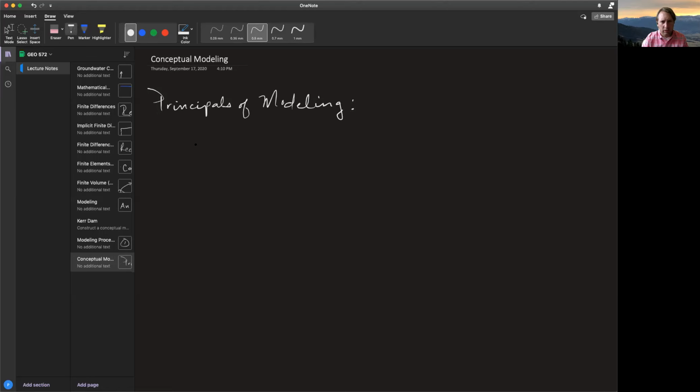First is, your model has a purpose, and a specific purpose. The more specific you can be about that purpose, the better. All right? And this purpose is going to guide us from start to finish.